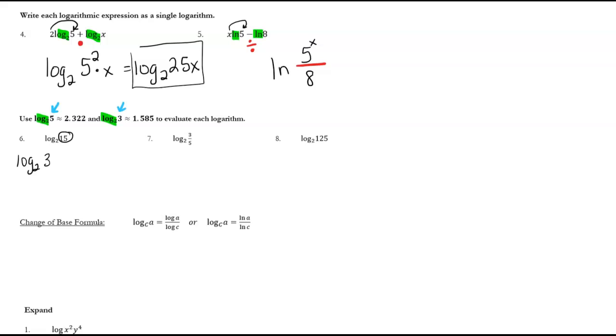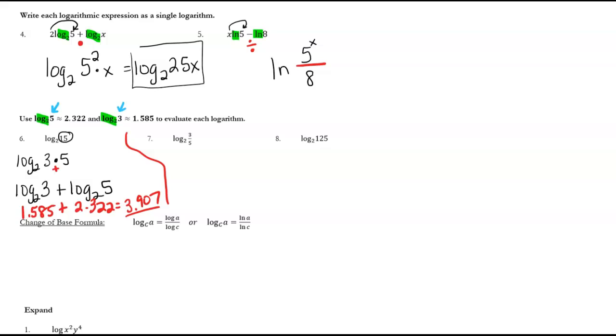The only way I can get a 15 is by multiplying 3 times 5. Okay, so now that tells me it's log base 2 of 3 plus log base 2 of 5. Because again, multiplying means that I'm adding. And now I'm just going to plug my numbers in. Log base 2 of 3 is 1.585 plus log base 2 of 5, which is 2.322. And then you're going to add them together.